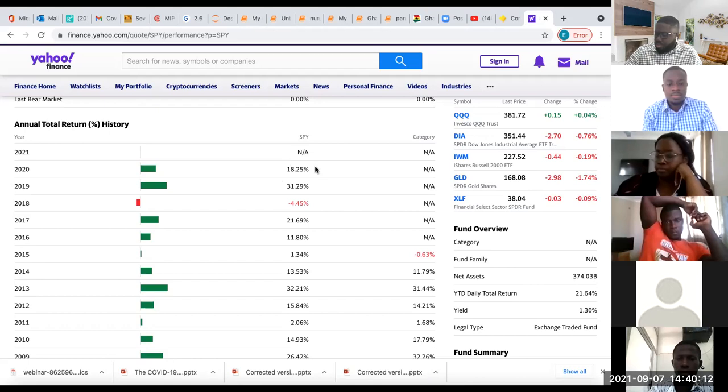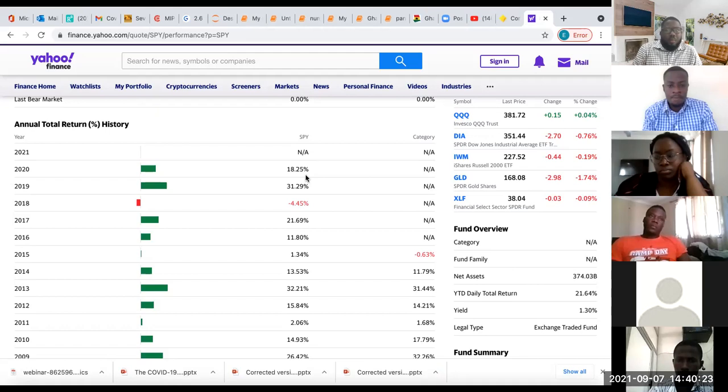Typically, what you find is that the funds are not able to generate a return higher than this market average consistently. So there may be a few years that they outperform. When the market is 18.25, maybe they'll get 20. But there are also years when the market is 18.25, they'll get, let's say, 15 or 16.